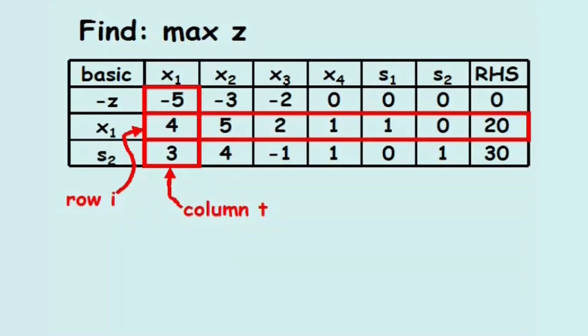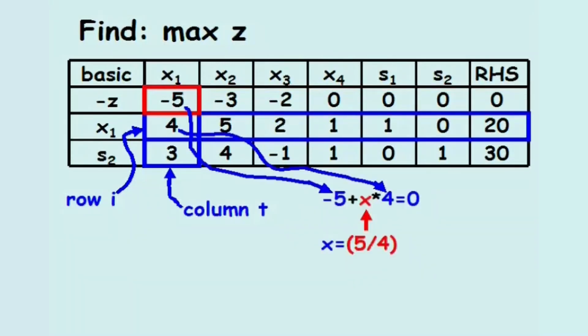For example, looking at the top row, we need to add 5/4 of row I to the top row, so the -5 in column T of the top row equals 0. That is, negative 5 plus 5/4 of 4 equals 0.